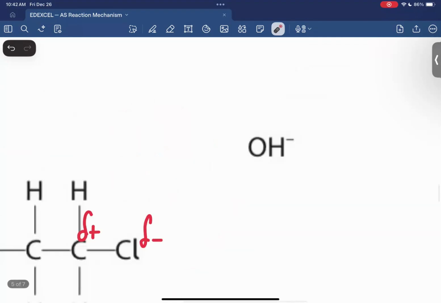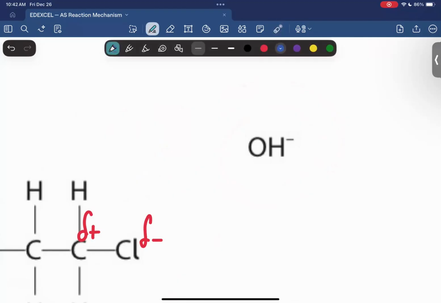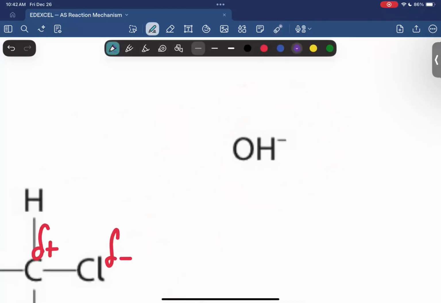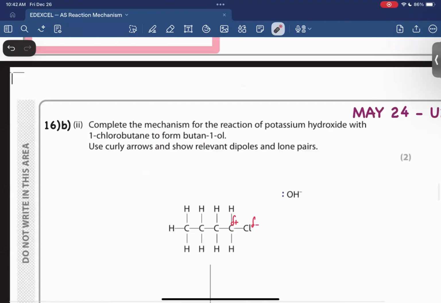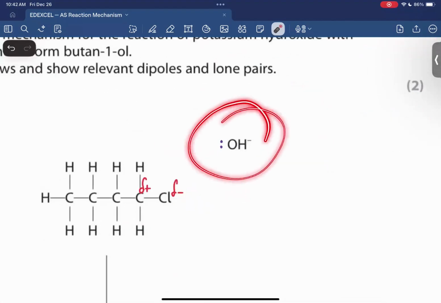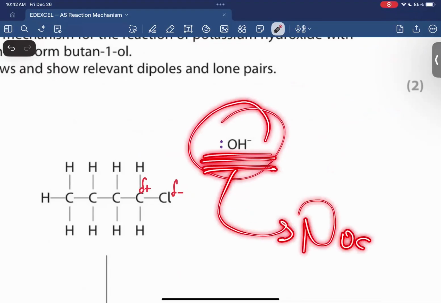Now, this is basically positive, and it needs to balance this charge by gaining something that is negative. And this is where our hydroxide comes into the show. Now the hydroxide has a lone pair, okay? Now, this is basically what I refer to as what? Any guess? Rough estimation? Nucleophiles.